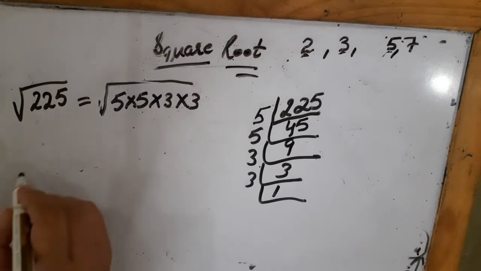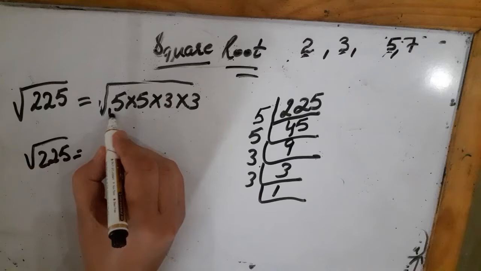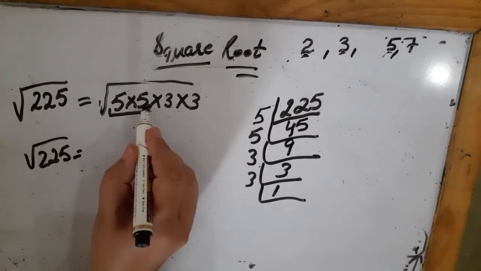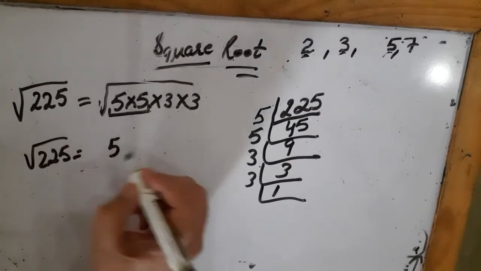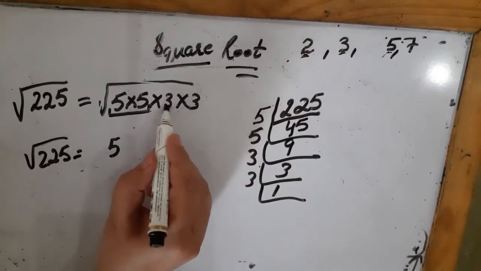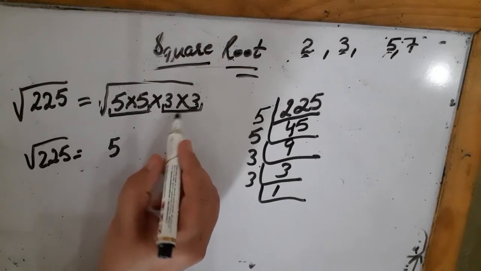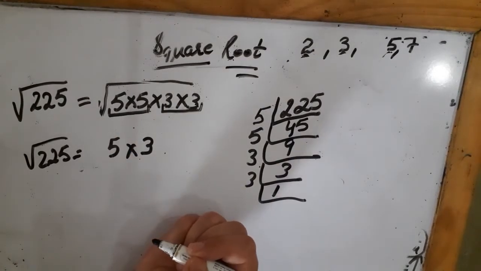Now in order to find out the square root, what I will do, from every pair, like 5 has a pair, so out of this pair, 1 I can take out of the radical sign. And now this also is in pair. So out of these 2 threes I can take out 1 out of the radical sign.